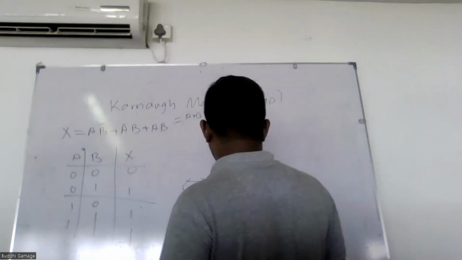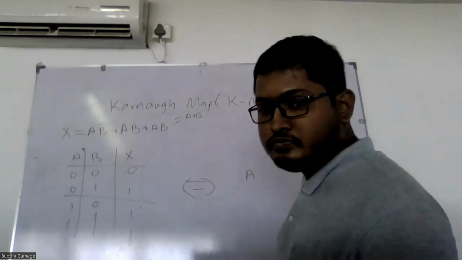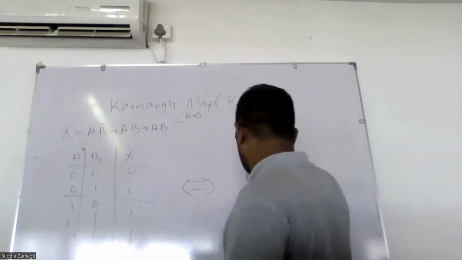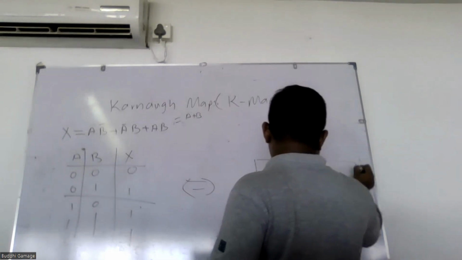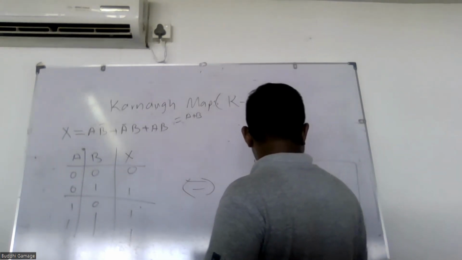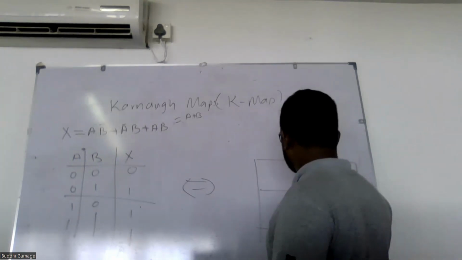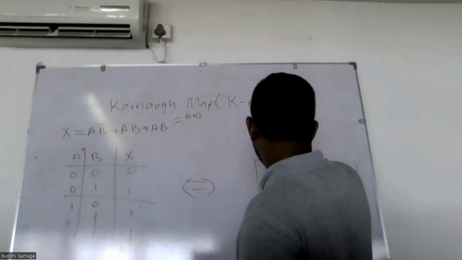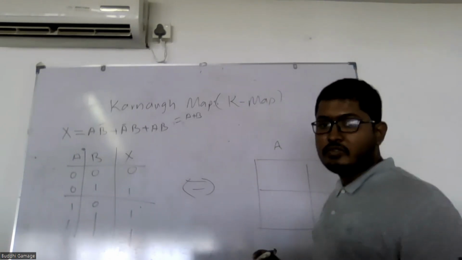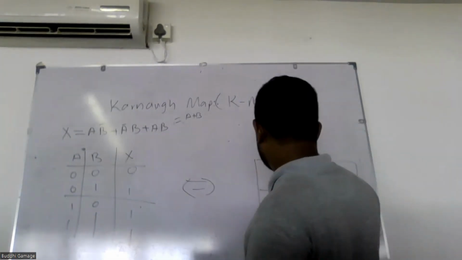So how do we draw it into the count map? You can take the first variable to the bracket as it is.